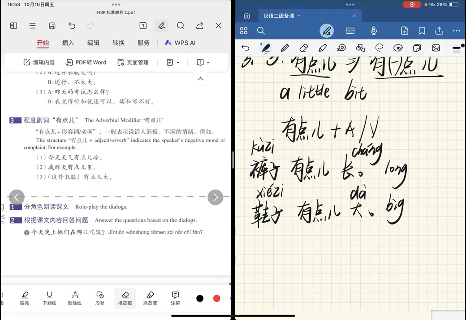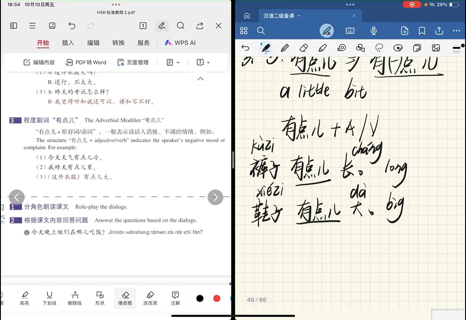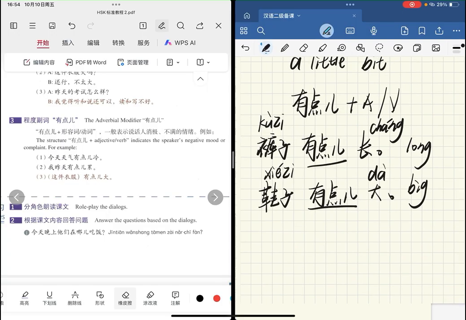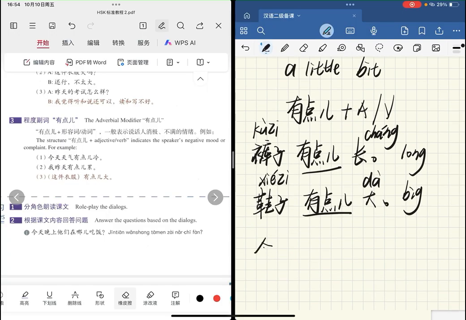So we can say the shoes don't fit your requirements, right? So we use 有点长 or 有点大.